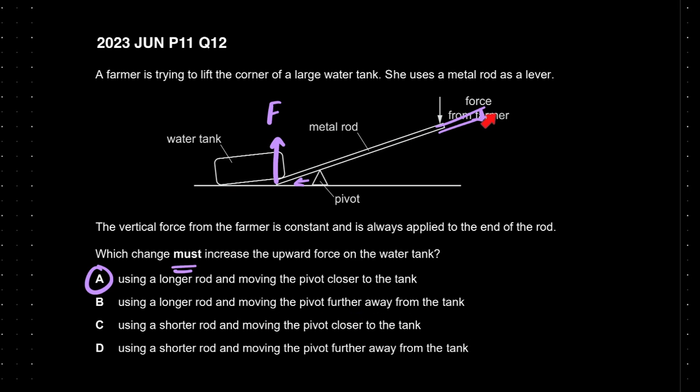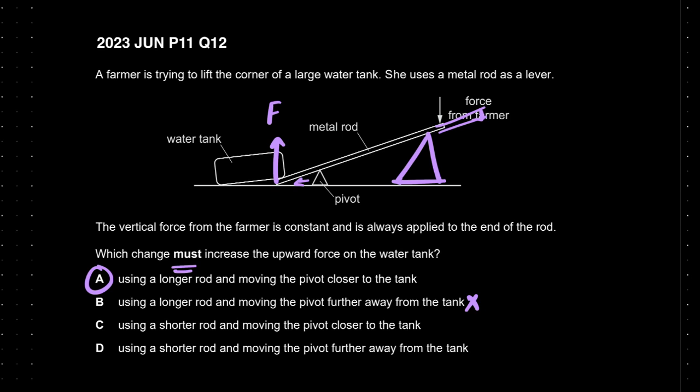If you use a longer rod and if you move the pivot here, then it depends on how much you move the pivot by. Because it could also be the case that the pivot is moved by a lot. For example, if you place your pivot here, now this distance is obviously decreased from what it was. So it could or it could not increase the moment.